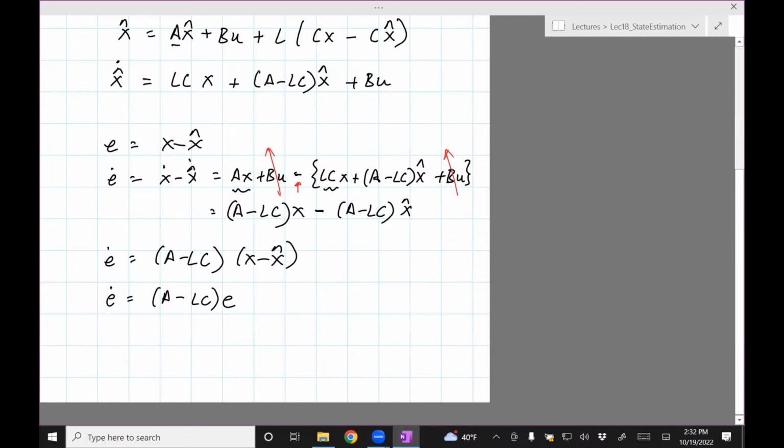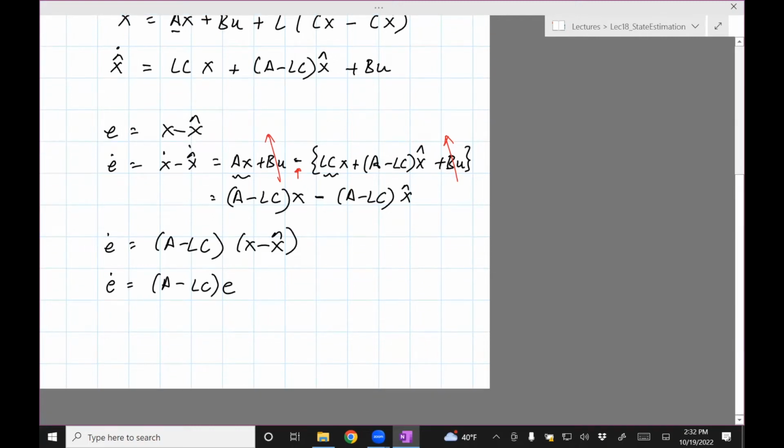Okay, now remember we earlier had E dot equals A times E, but now we have E dot equals A minus L C times E, which means that now the stability of the system will depend on the eigenvalues of A minus L C. But to our fortune, L is a user-chosen gain, which you can choose. So you can tune whatever you want to make that system stable.